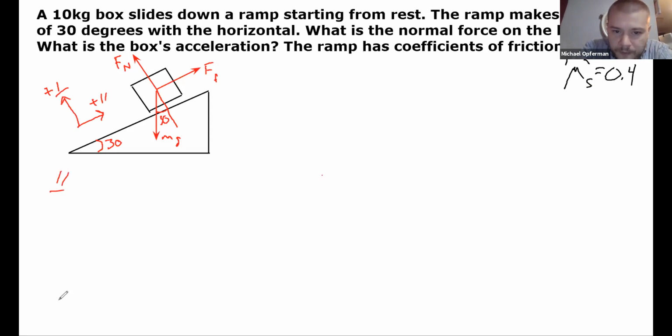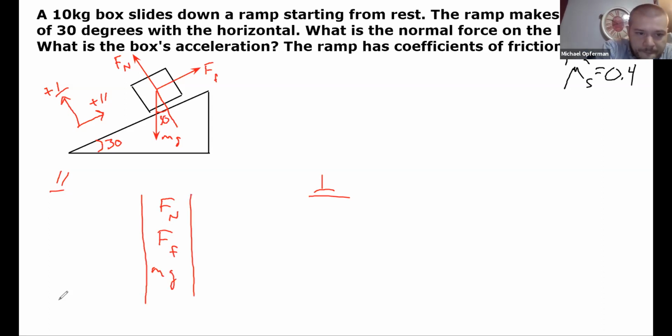Okay. So I need to break all my forces into components next. So I have normal force, friction force, and mg force, are my three forces.